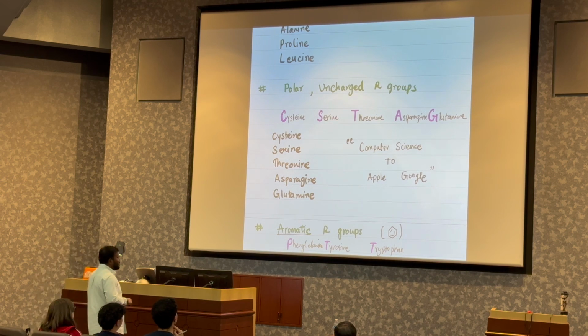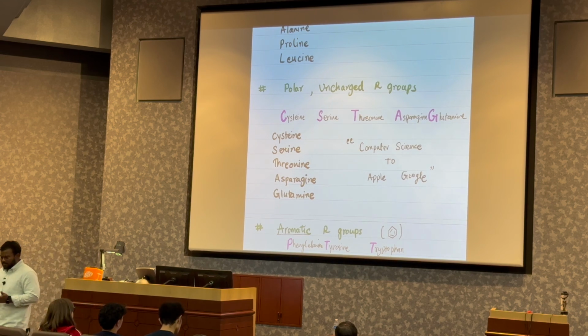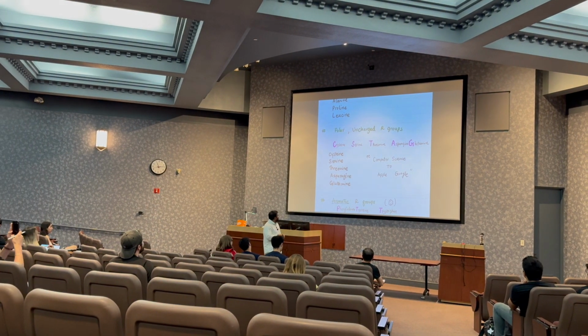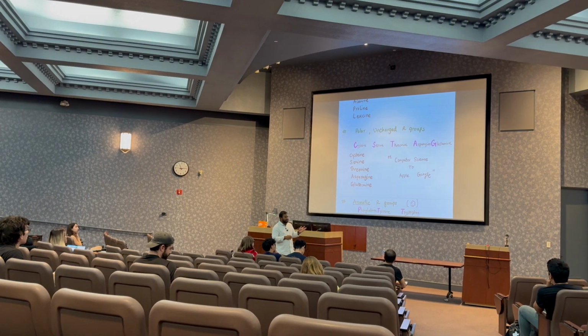So I say computer science to Apple and Google, where C stands for cysteine, S for serine, T for threonine, A for asparagine, and G for glutamine. Is that fine? I'll repeat one more time and then we'll move ahead. C is for computer science, T for two, A and G for Apple and Google.